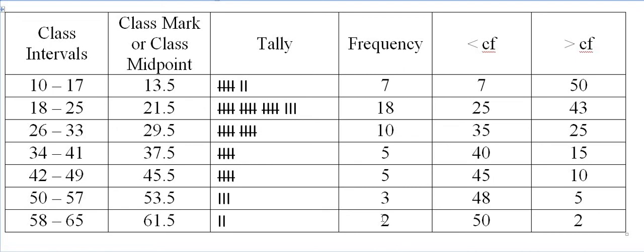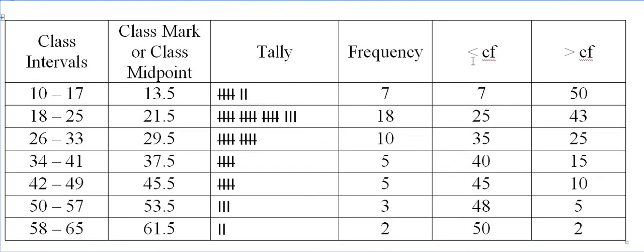Then this one 2. So write 2 here. For the first less than cumulative frequency, just copy this frequency. That's why we have here 7.